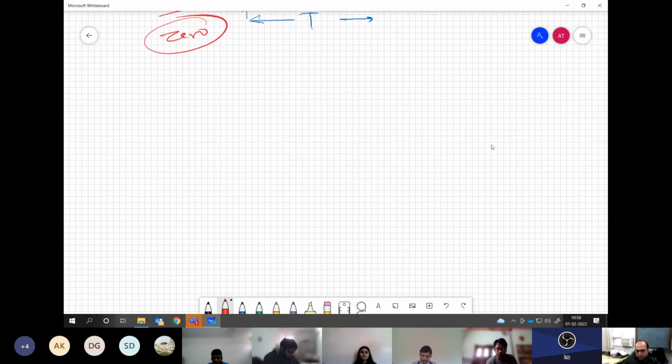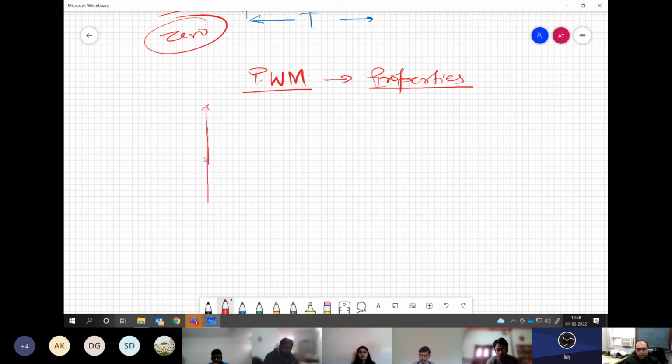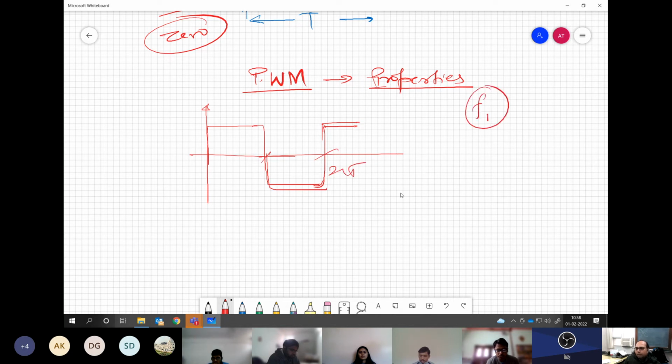Now, for example, let's say you are generating a PWM waveform. What all properties should it hold? So first and foremost property, as we have seen, is that it must be periodic with respect to a certain frequency. It must repeat itself. Then only you can have a fixed fundamental for this waveform.